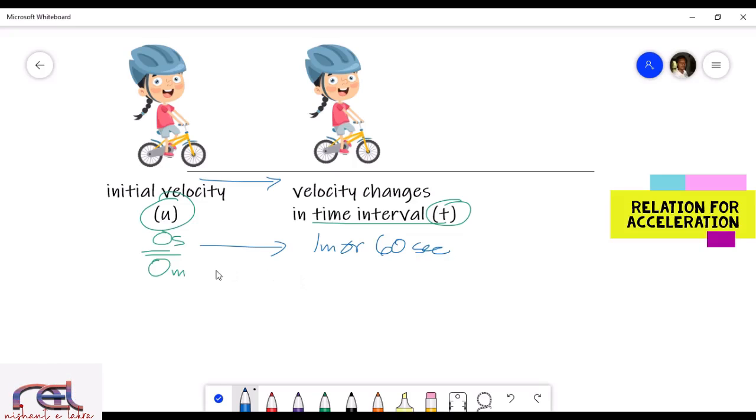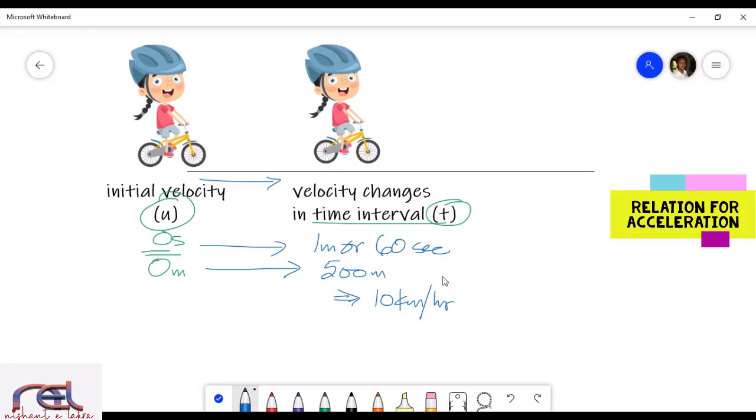Now the time is 1 minute or 60 seconds, and the distance she covered is 500 meters, half a kilometer. Let us say her velocity now is 10 km per hour.